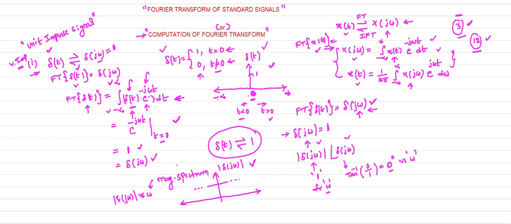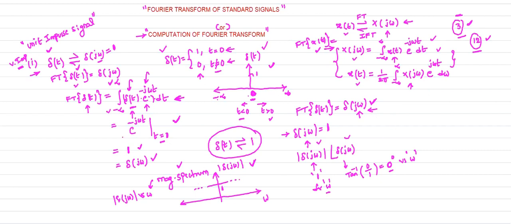How can you plot the magnitude spectrum? The magnitude spectrum is the magnitude of delta of j omega versus omega. So your magnitude spectrum is constant, that is one value, because your delta of j omega is equal to 1.